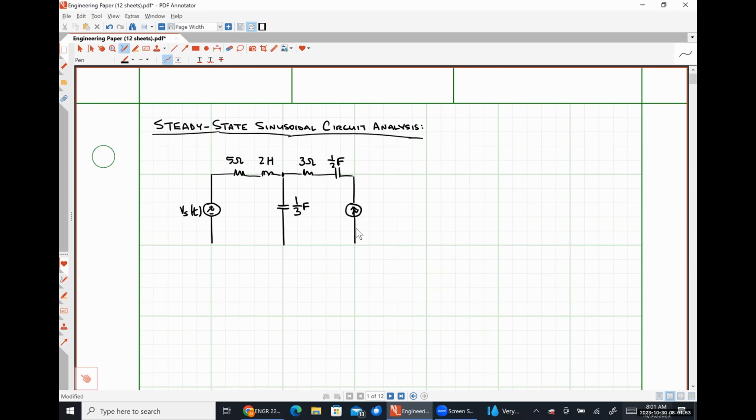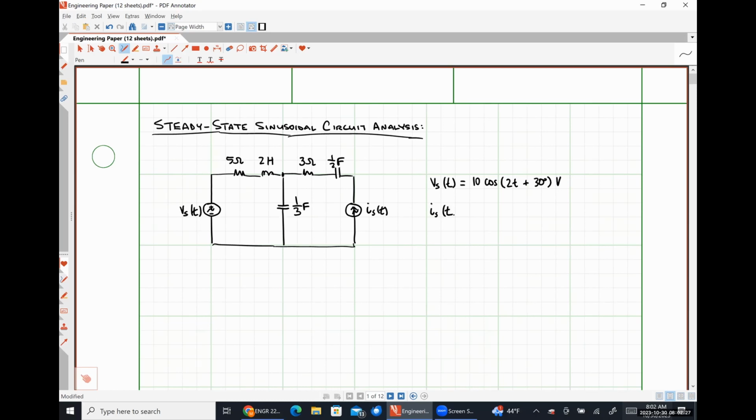And then we're going to have a steady state sinusoidal current source over here on the right. Let's call this Is of t. Let's define Vs of t to be 10 cosine 2t plus 30 degrees volts.